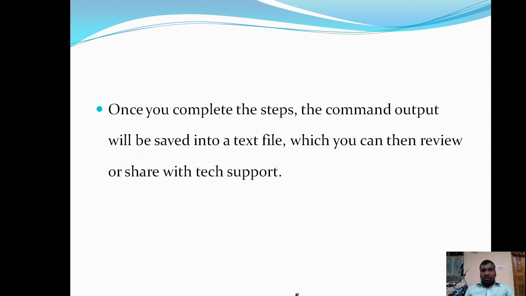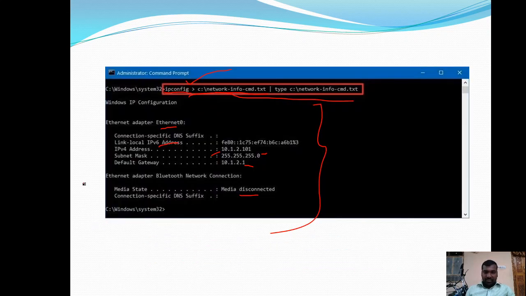If you want to know a particular component's details, execute that particular command, like ipconfig here. Then if you want to export those configuration details into a file, after the command you have to type the greater than symbol, followed by the path where you want to save the file along with the file name, and then all the configuration details are exported into that file.